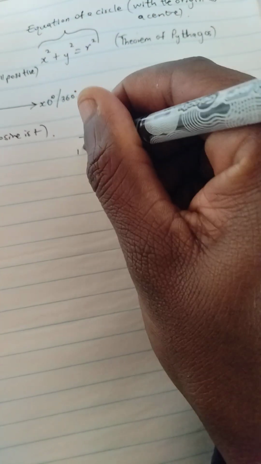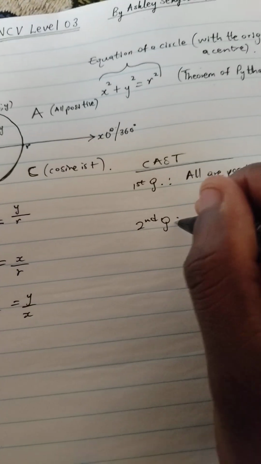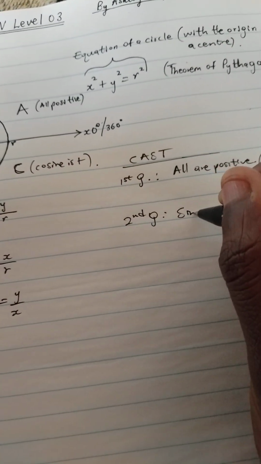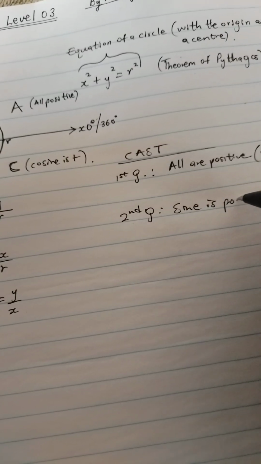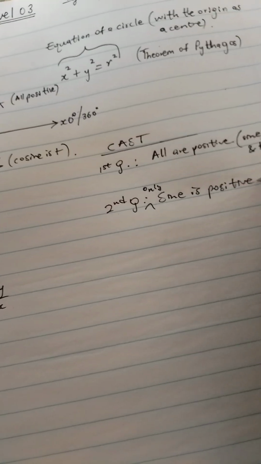So the CAST rule says: in your first quadrant, all are positive, meaning sine, cosine and tangent. In the second quadrant, only sine is positive.